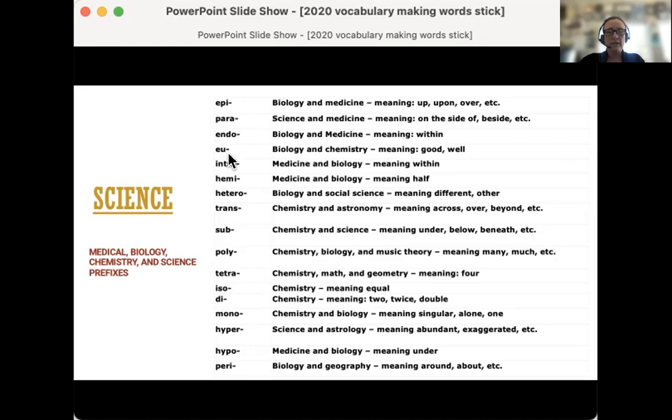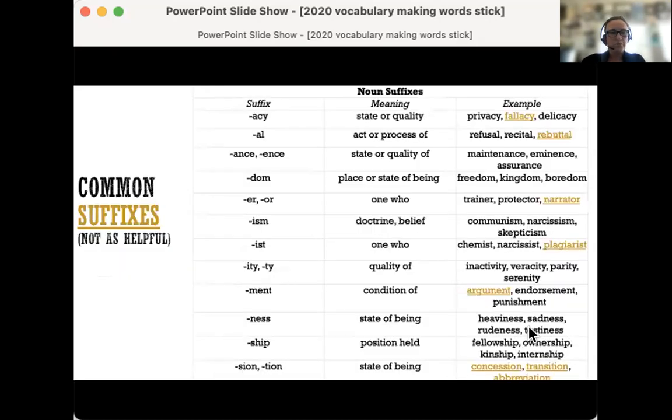Again, pull these out. Like I said, I'm not going to go through each of the meaning parts, but these kinds of parts are there in the science area. So take a look at this and make sure you're pulling those parts out so that they make a lot more sense rather than just a whole word, right?